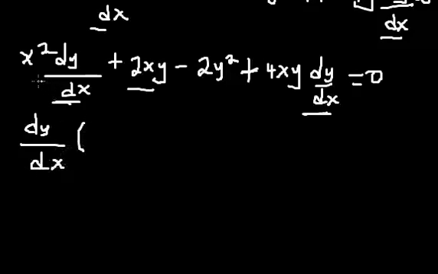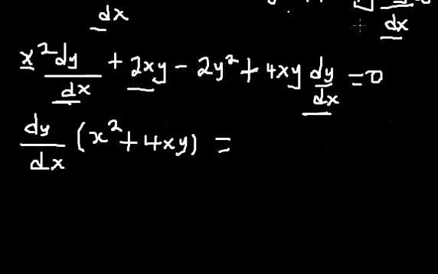Then open bracket, the other factor I put inside the bracket, which of course is x squared, then for this, the other factor is plus 4xy, is equal to, now I'm taking the plus 2xy and minus 2y squared to the other side of the equation. Now when minus 2y squared goes over, it becomes plus 2y squared, and of course plus 2xy, once you go over, it becomes minus 2xy.